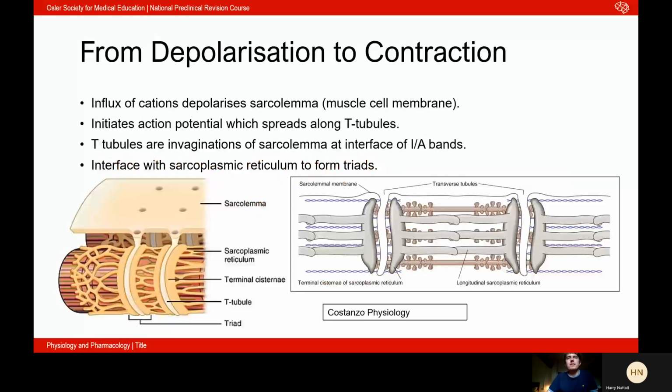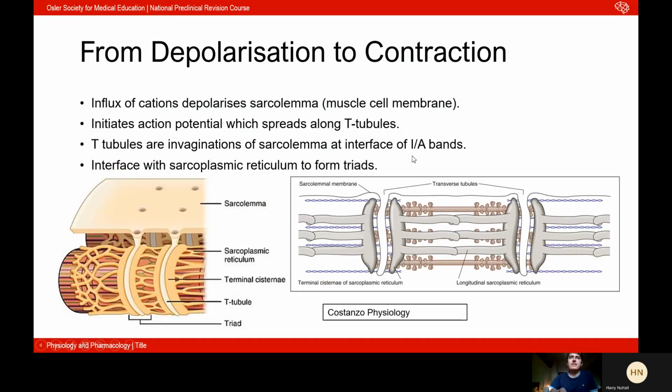So how do we get from the depolarization in the postsynaptic membrane to the contraction using this machinery that I've just outlined? Well, we get depolarization of the sarcolemma, which is another word for the muscular cell membrane. And these action potentials spread along the T tubules, which are these invaginations of the sarcolemmal membrane.